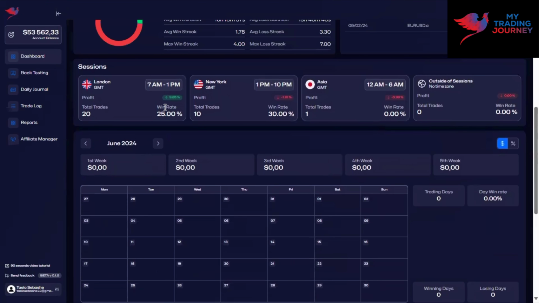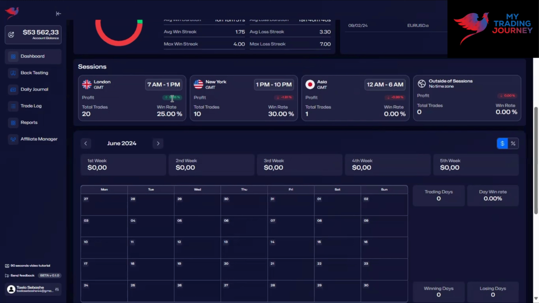Okay, it also has sessions. It tells you how many trades you took in a particular session, how much percent of profit you have made from that, and also the win rate of that particular trading session.